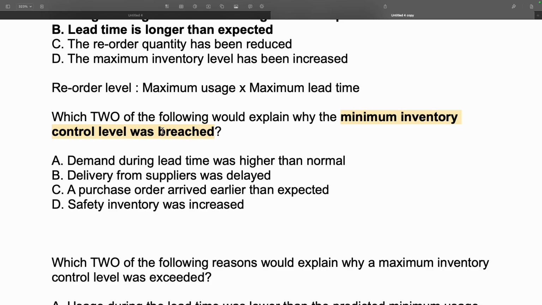So here, do you still remember the formula for minimum inventory level? What's the formula? Can somebody write it out? Type it out, guys. Formula for minimum inventory level. Somebody type it out quickly.